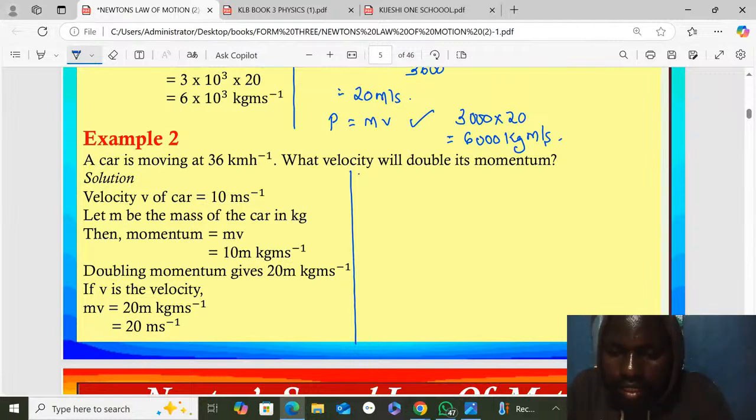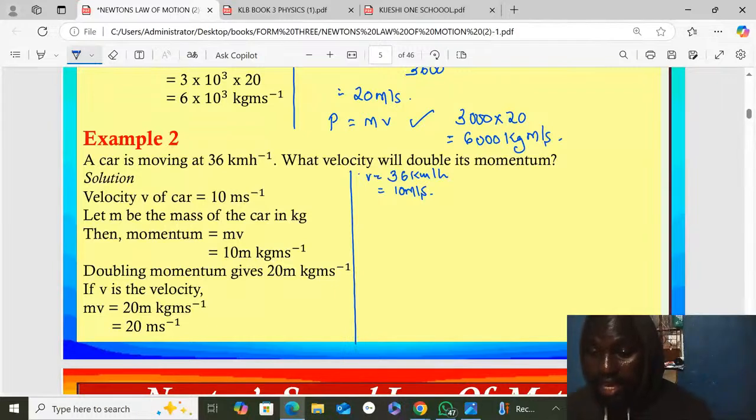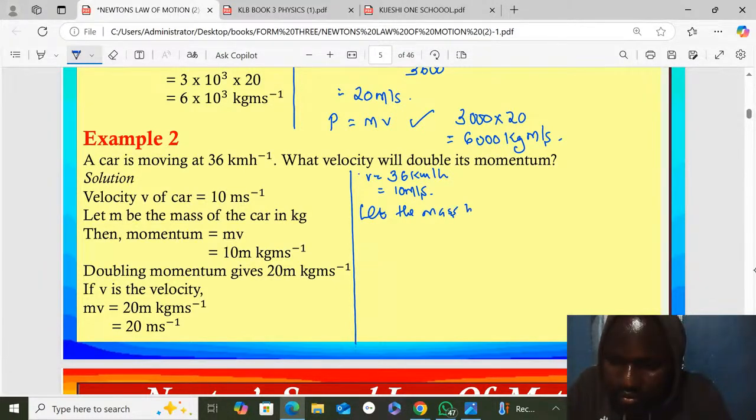In this case, our first velocity will be 36 kilometers per hour, and this is equivalent to 10 meters per second. You multiply by 1,000 and divide by 3,600. Then you say, let the mass be x.